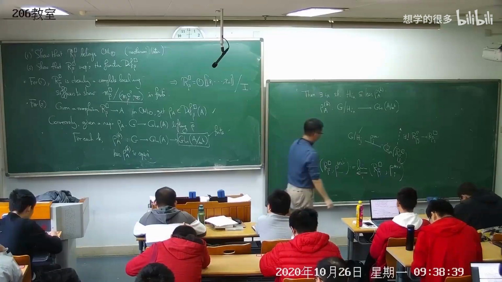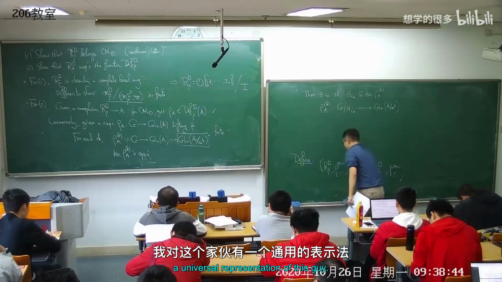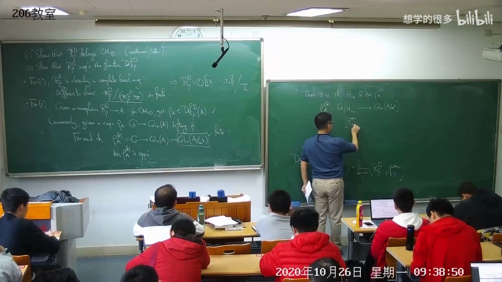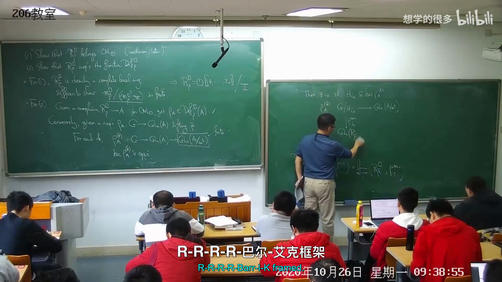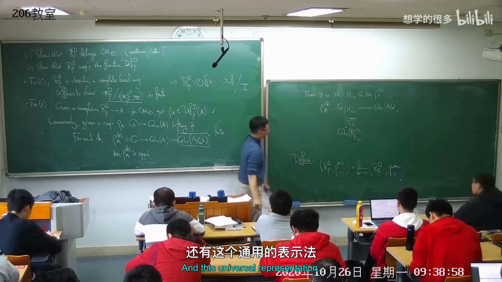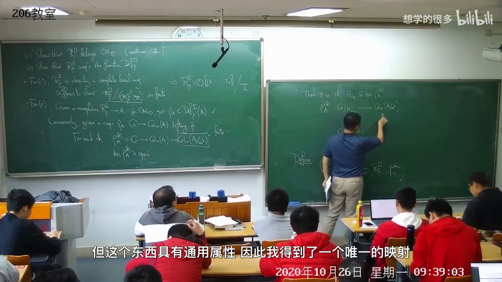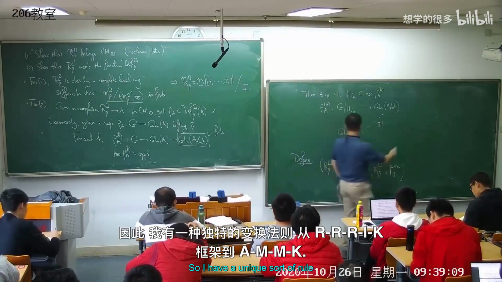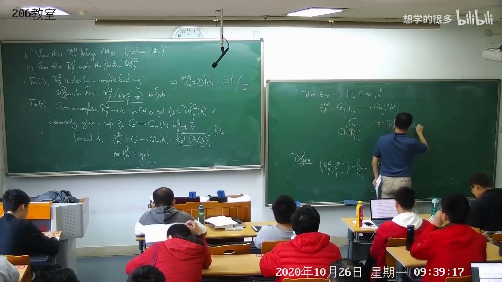Now I have a universal representation of this group to GL_N(R_ρ̄|_{i_k}^frame). By the universal property of this, I have a unique map as so.